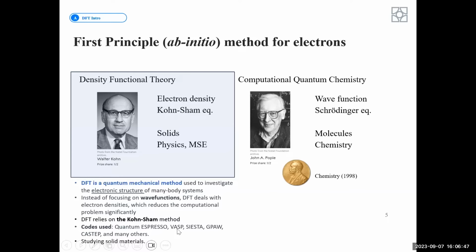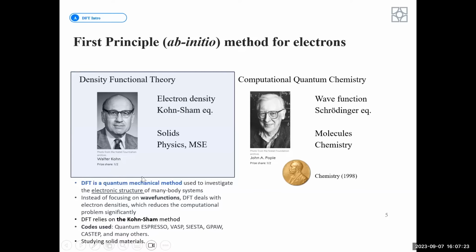We also have VASP, SIESTA, GPAW, CASTEP. However, I'm mentioning several kinds of codes here, but most of these are commercial codes and paid, so you need a license, except Quantum Espresso. Quantum Espresso is open source and really a good code. They already have a lot of potentials that we can use, and they have a strong scientific community. So you can ask questions and get what you want easily. And still, it's free to use, I mean, the source code itself.